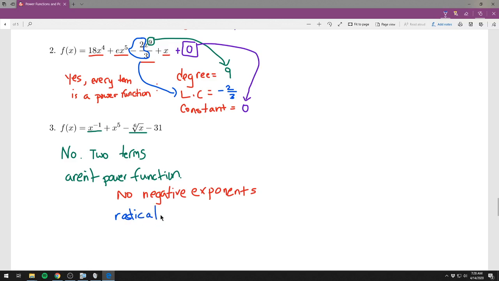So the 6th root would also make this not a polynomial. But just to practice this again, the 6th root of x would be, really we have x to the 1 power inside, we'd get x to the 1 over 6. And it cannot have a fraction exponent.